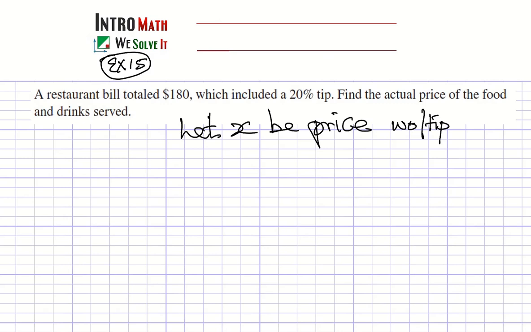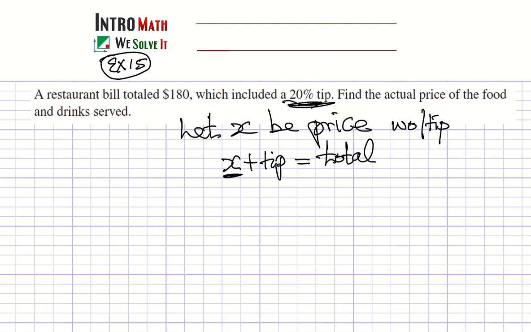And then, don't forget now, if you have price plus tip, that's x plus tip. It will be equal to the total the person paid, okay? We say 20% is tip, and x is the actual price.